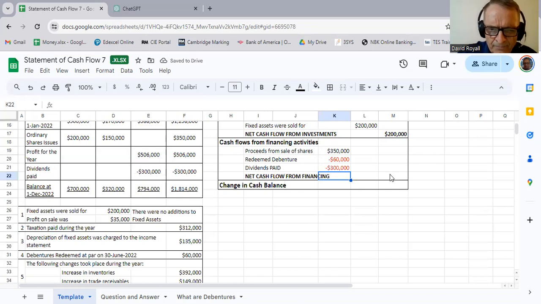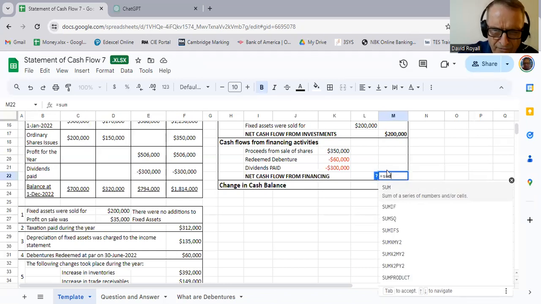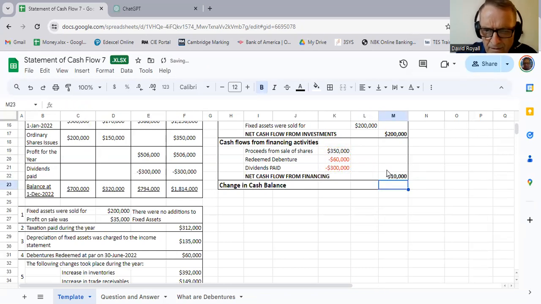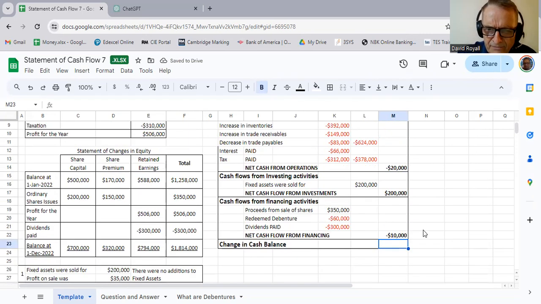There we are. I can find no others, so I'm now going to sum up those 3 figures. And we've got a negative 10,000. Okay, so it looks like we borrowed money in order to satisfy our shareholders in dividends. Is that a good thing or not? I wouldn't probably know in most cases, but we paid out some dividends.